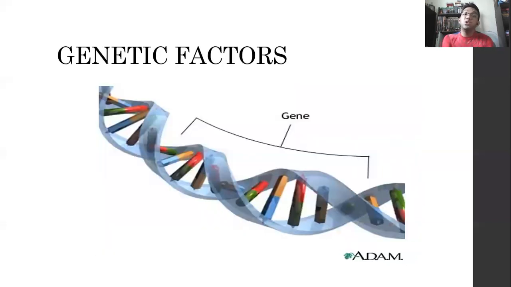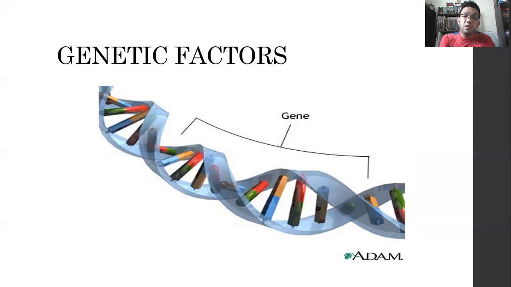Another would be genetic factors. There are certain drugs that can cause allergies to patients, and allergies are genetic. Some of my family members can be allergic to certain foods.